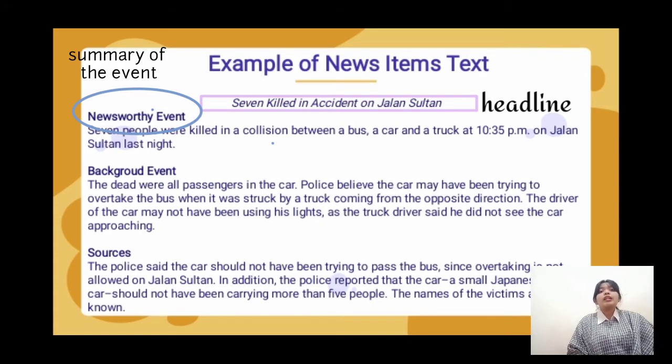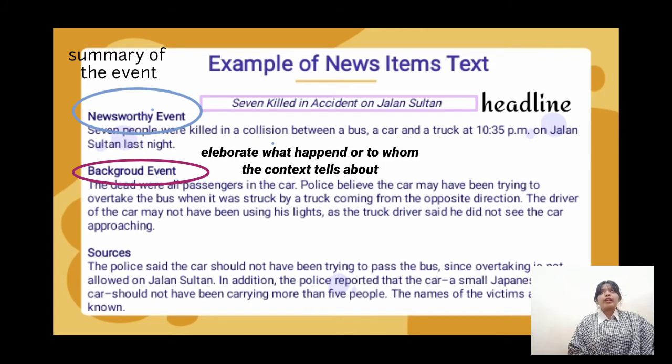So this is a background event. Why? Because it elaborates on what happened in the news item itself.